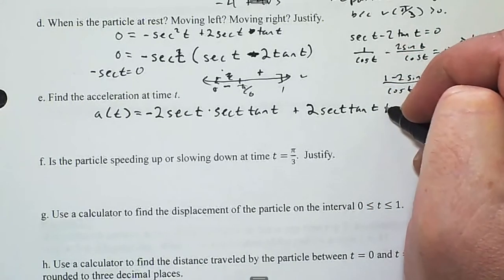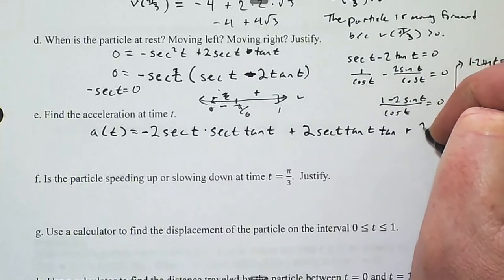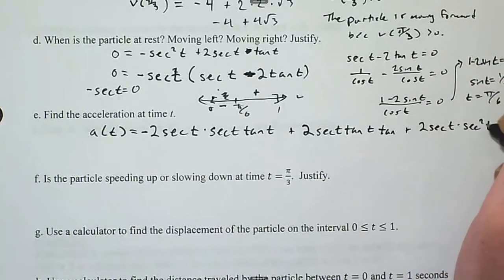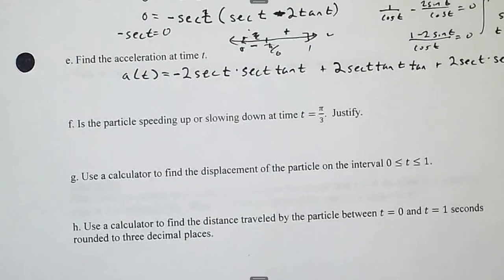And then times tangent, because I'm doing the product rule. Got to do the derivative of the first times the second, plus the first times the derivative of the second, which is secant squared t. So a whole lot of secants and tangents here, right?